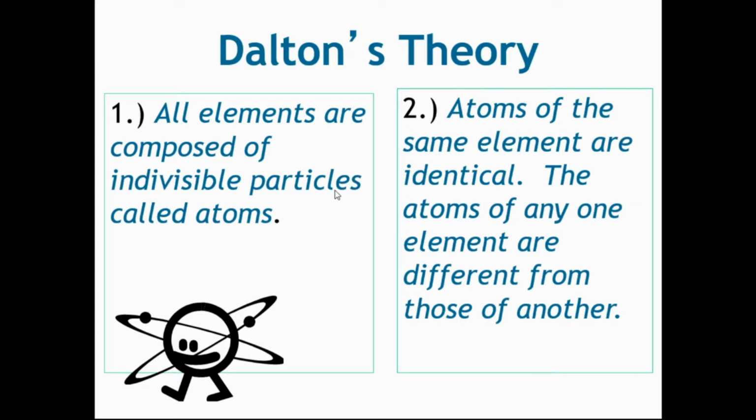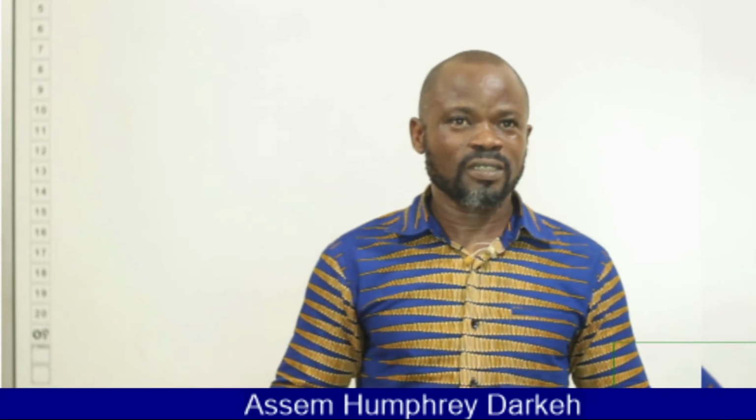Again, you should be looking at this postulate and comparing it with the modern model of the atom. By the time we are through with the fourth postulate, I'll be asking you to tell me what lapses you detect in Dalton's theory.